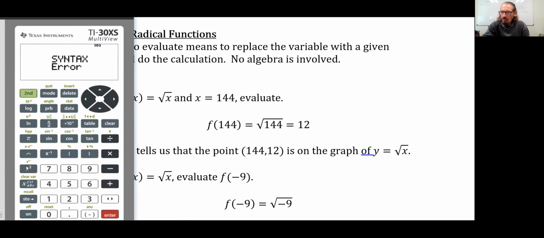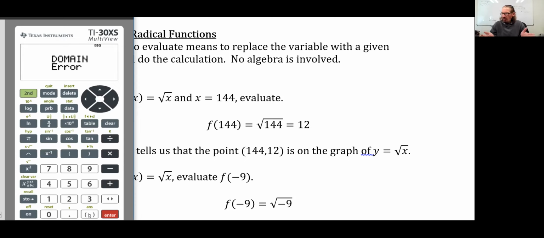Since there's no real number that I can square that would give me a -9. Let's make that a negative, not a minus. There's no real number squared that I could get -9. You take two positives and multiply them, you're going to get a positive. You take two negatives and multiply them, you're going to get a positive. 0 doesn't make sense because 0 squared is 0.